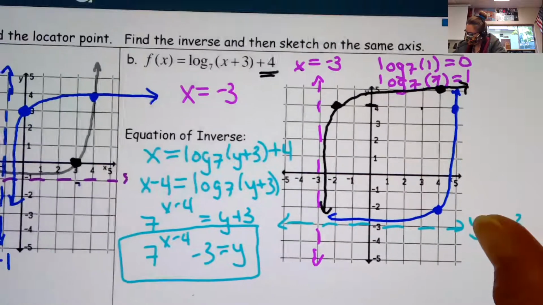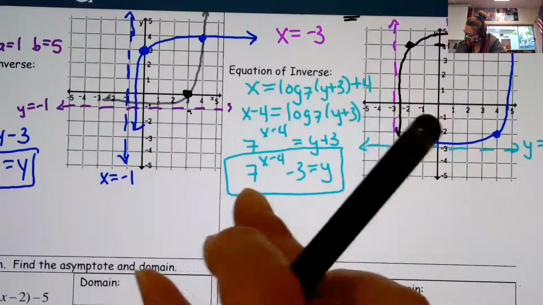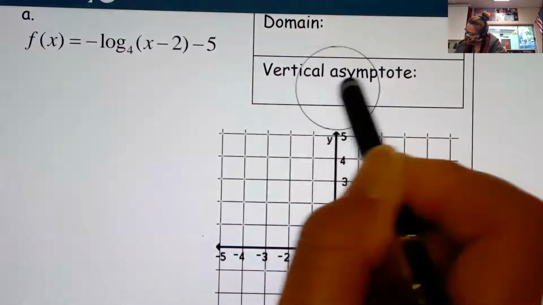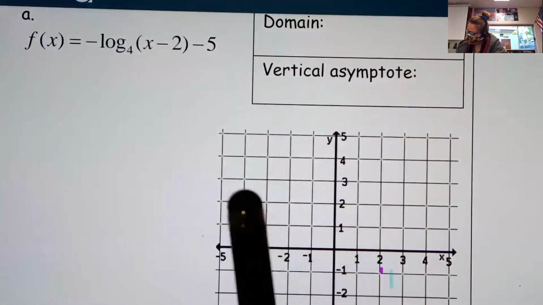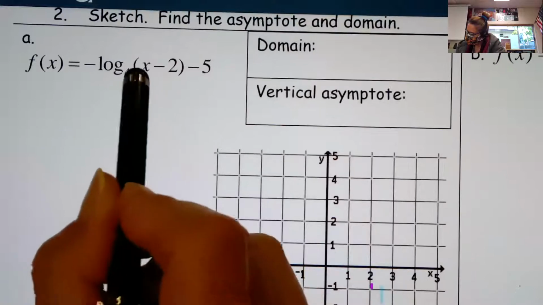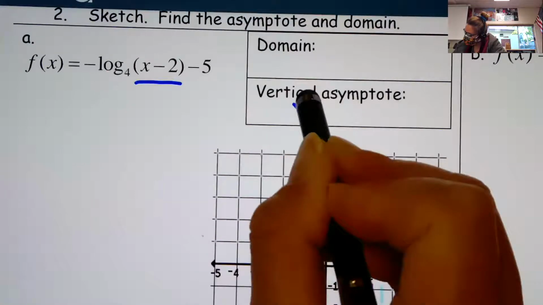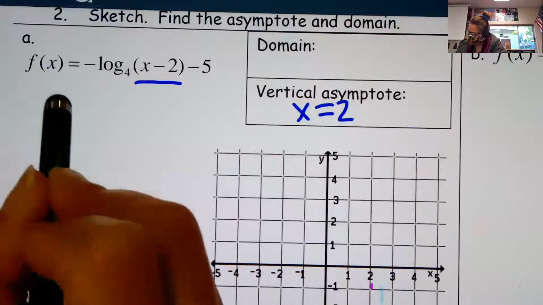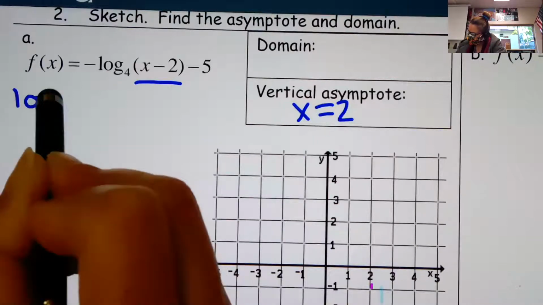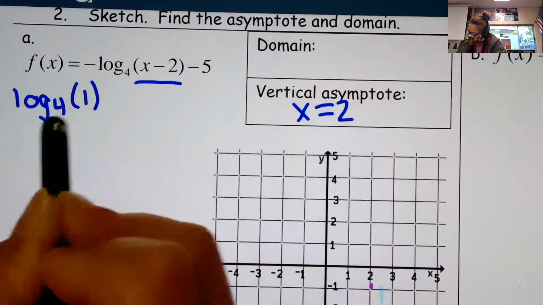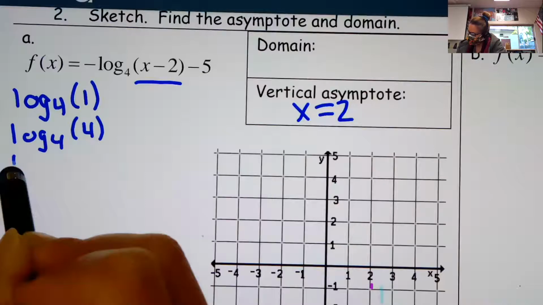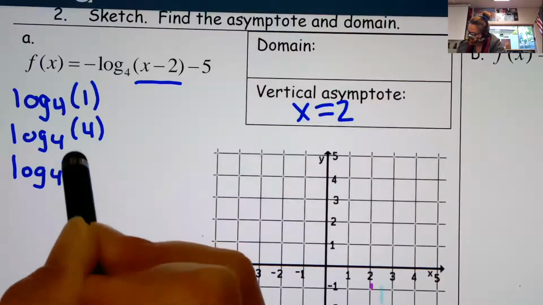Okay. So the next one, we are graphing a logarithmic graph. This x minus 2 means we have a vertical asymptote at x equal 2. I'm going to be thinking about log base 4 because this is base 4. So log base 4 of 1 and log base 4 of 4 and log base 4 of 16.